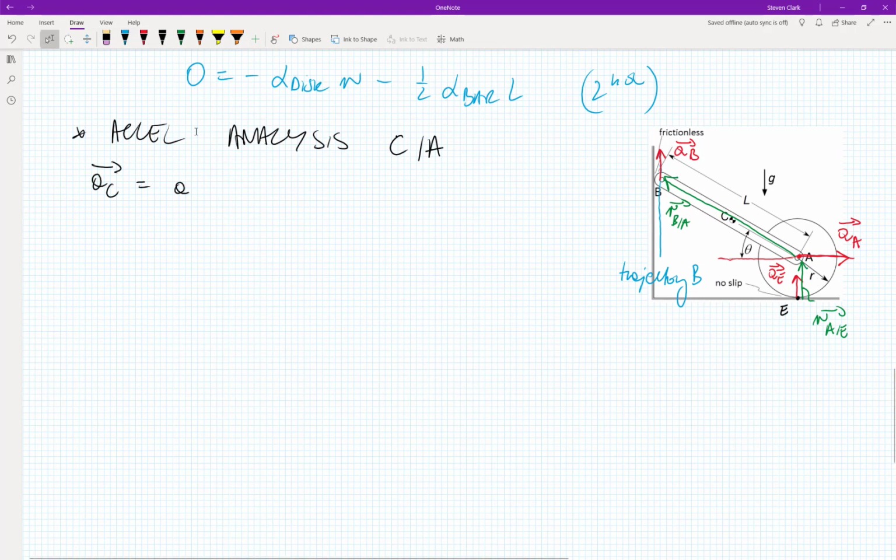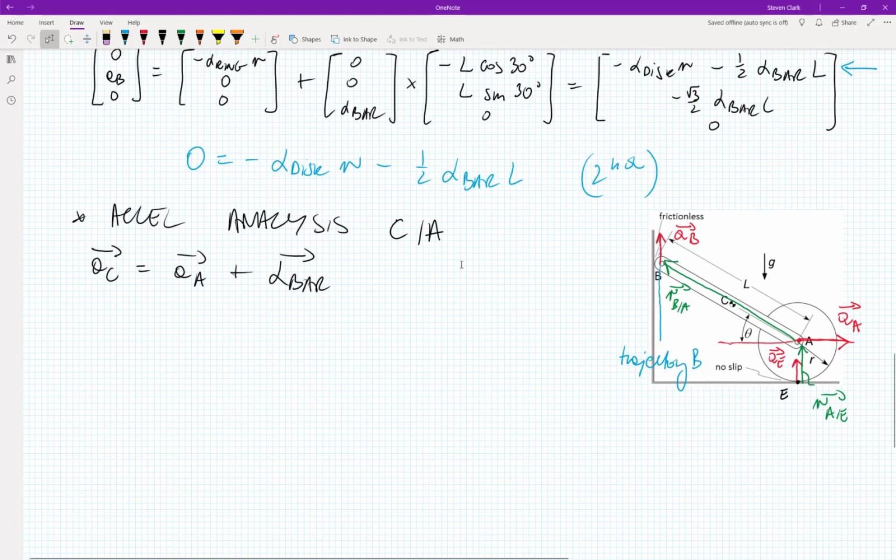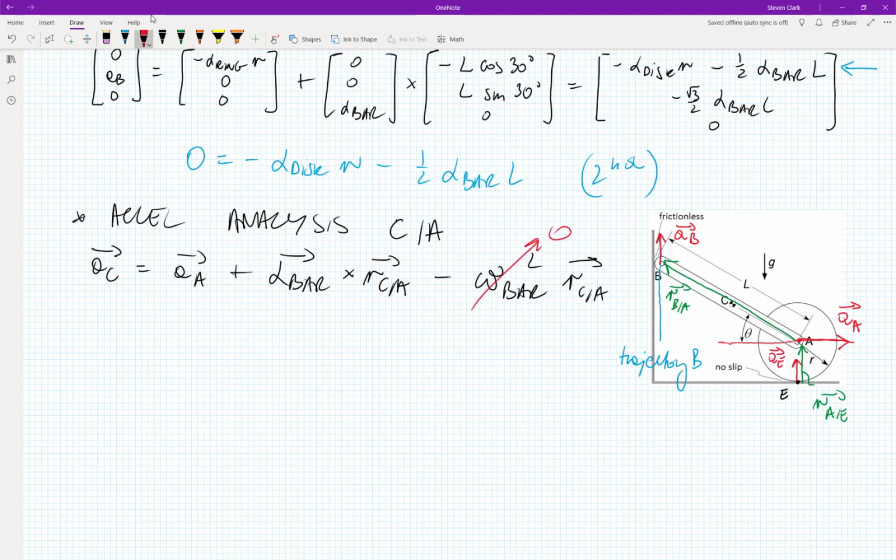AC is equal to AA plus alpha bar times RCA minus omega bar squared RCA. And again, I'm really glad that the system starts from rest, because this is 0. And our RCA will be here. It will be orange this time. RCA.